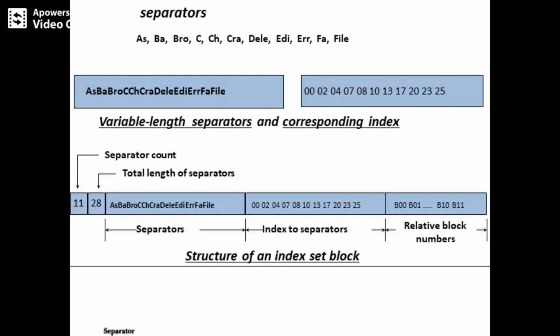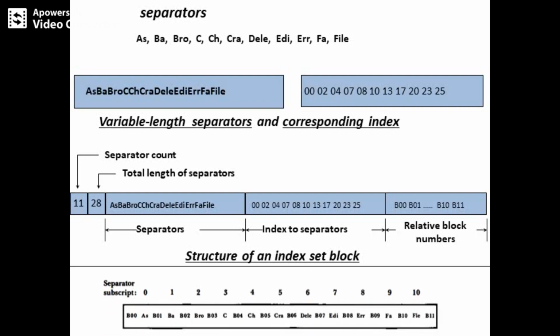I can show it simply like this. Here B00 is the RBN of that particular block, and AS is the separator. Once again B01 is the RBN, BA is the separator, B02 is the RBN, where RBN is relative block number, and BRO is the separator.